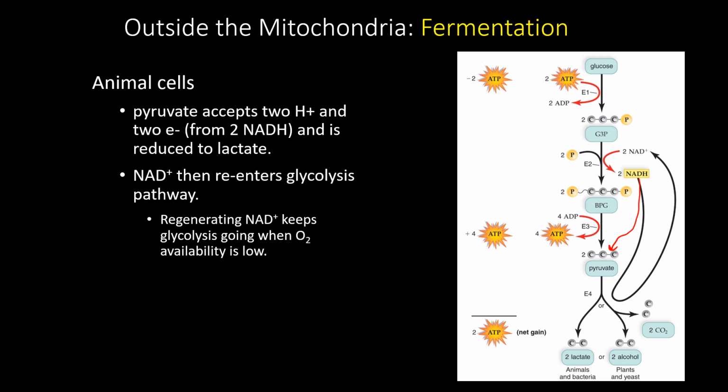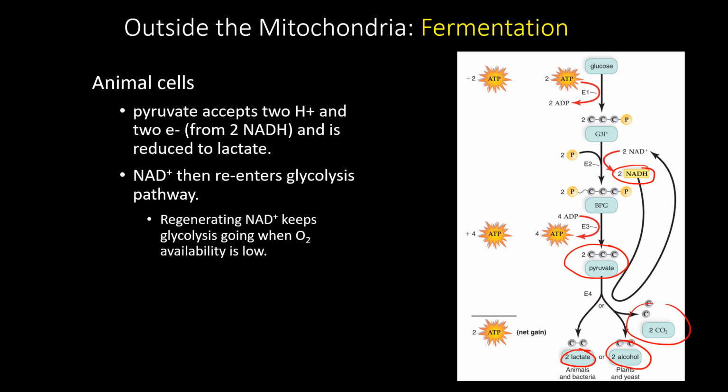In humans and other mammals, we go through what's called lactic acid fermentation. And so there are enzymes that take pyruvate and the NADH and convert that pyruvate into something called lactate. Okay? In other organisms, their genes dictate that they will break these down into alcohol, ethanol in particular, and carbon dioxide.